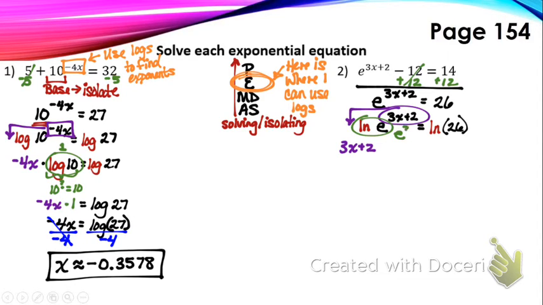This is e to what power equals e? 1. So this whole thing right here is just equal to 1. It's equal to the natural log of 26. When I multiply something by 1, it doesn't change at all.